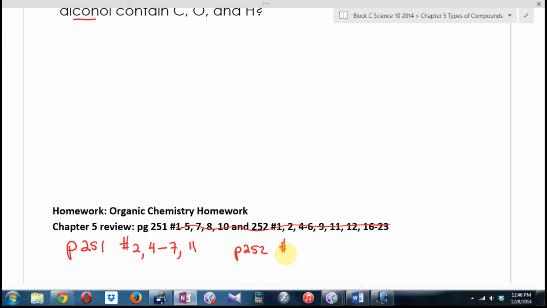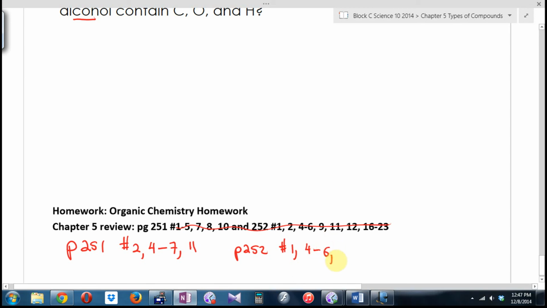This is kind of a review of everything. Yeah, 1 is good. 2 I'm going to skip. 3 I'm going to skip. 4 is good. Actually, you know what? I'm going to go 4, 5 is good, 6 is good. Skip 7.